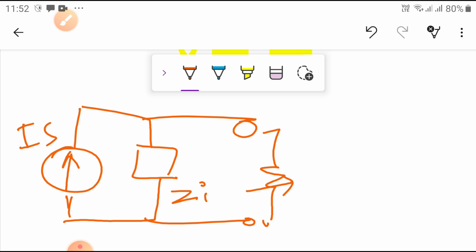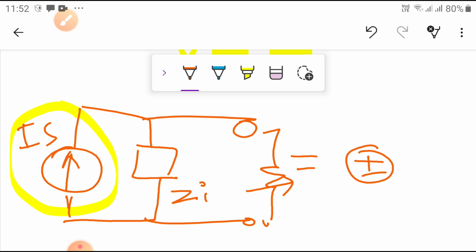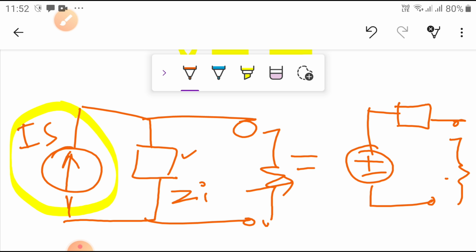This is the current source, and this is equal to the voltage source, the current source converted to the voltage source. Now we convert the same way, with direction plus minus, simply connect it in series. This is where you connect the load resistance.